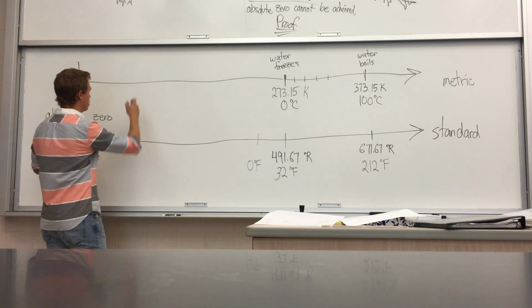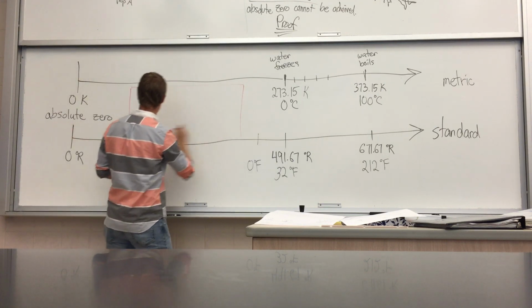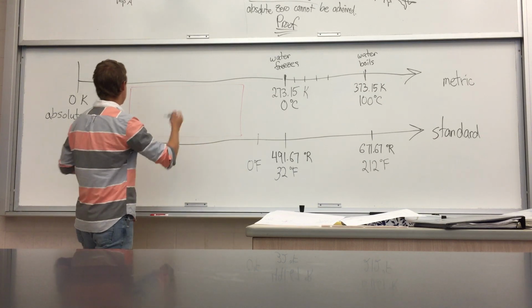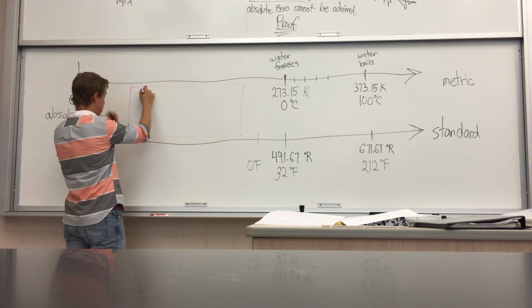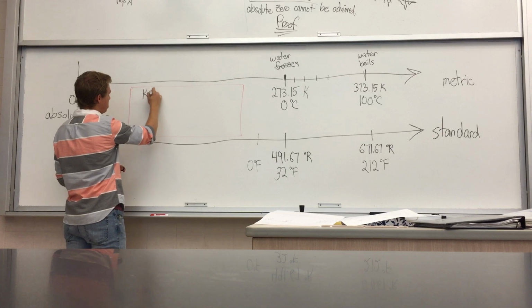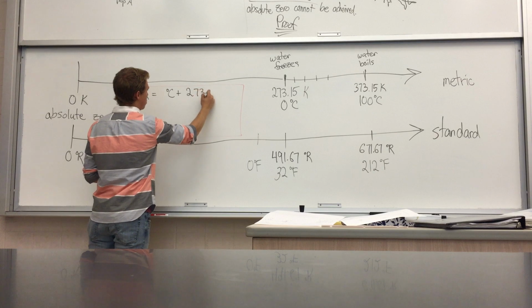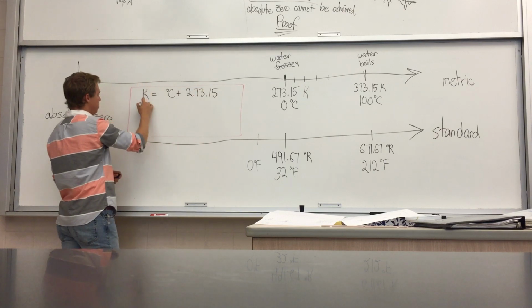All right, and so to convert between these, let me make a box here. This is not part of the diagram. I'm just going to show you the conversion factors. To convert between these, Kelvin is equal to degrees Celsius plus 273.15.